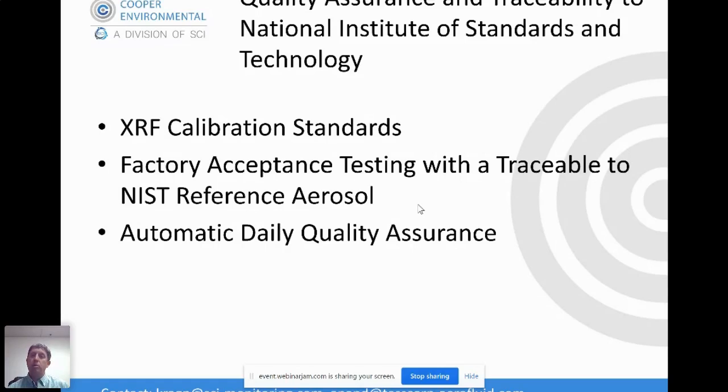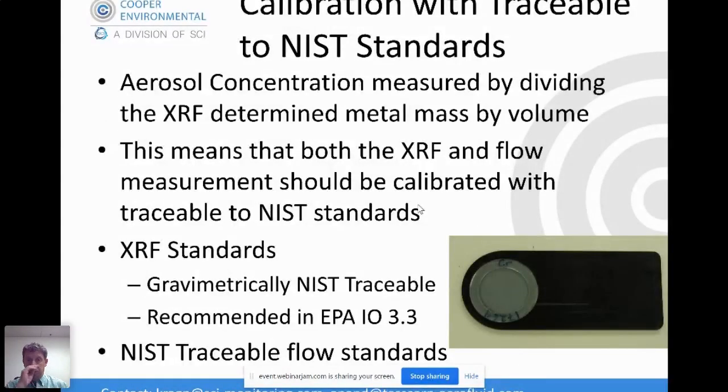And then I'll be talking about, once the instrument is in the field and being used by the customer, what kind of automated daily quality assurance is available so that you as a user know that each and every data point that you are producing is accurate and can be traced back to the original calibration of the instrument. So first of all, the calibration that we have is done with standards that are traceable to NIST standards.